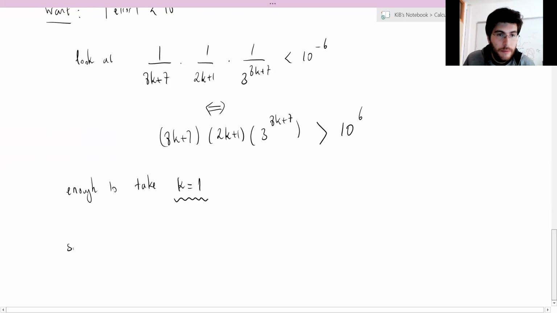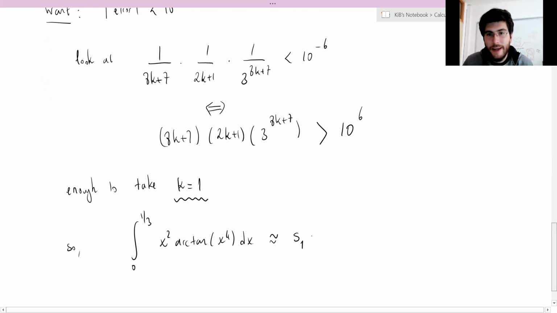So what does it mean? One term is enough. Therefore, this integral from 0 to 1/3 of x squared arc tangent x to the 4 dx can be approximated. It's enough to use S1.